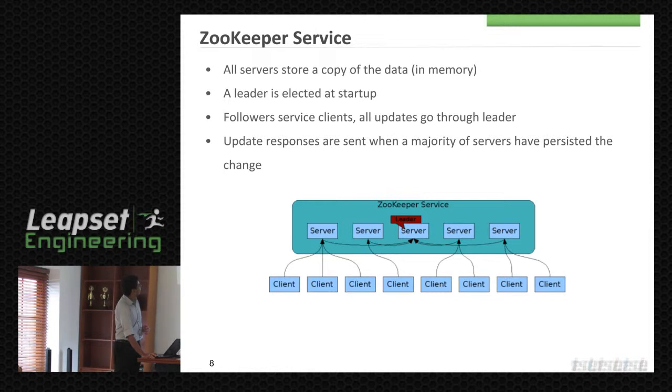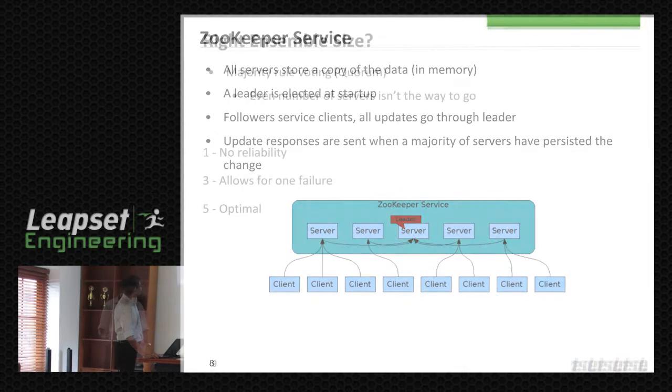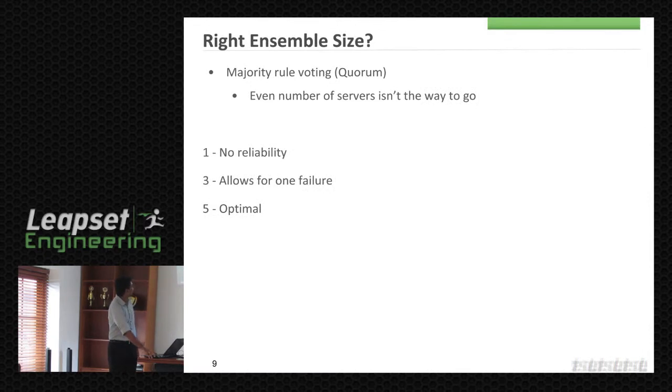He connects randomly to one of the nodes and reads data, which is guaranteed to be up-to-date. If the client wants to write data, it doesn't write to that particular server. Because this server knows who the leader is, that task is delegated to the leader. So the leader is the one who actually writes data, and the client can read from any server.